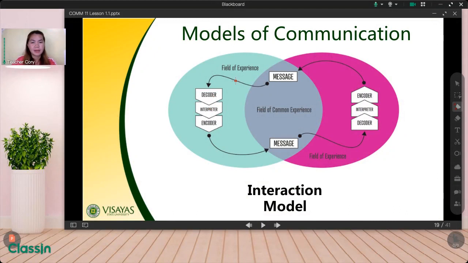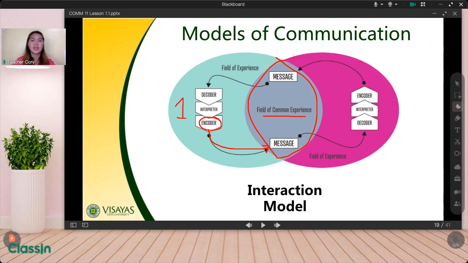Okay, so we have here the first sender. Once the sender encodes the message, of course, this is inside the common ground. This means that they have a common language, something that they feel of common experience.